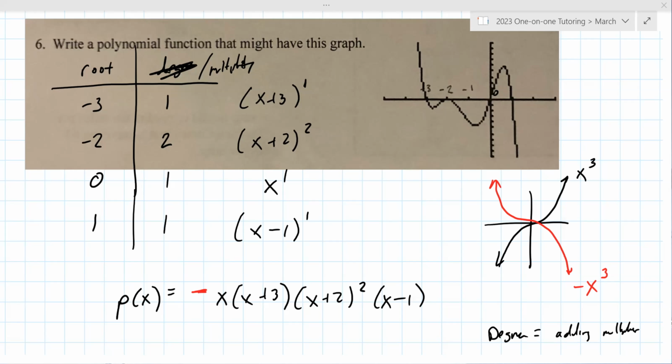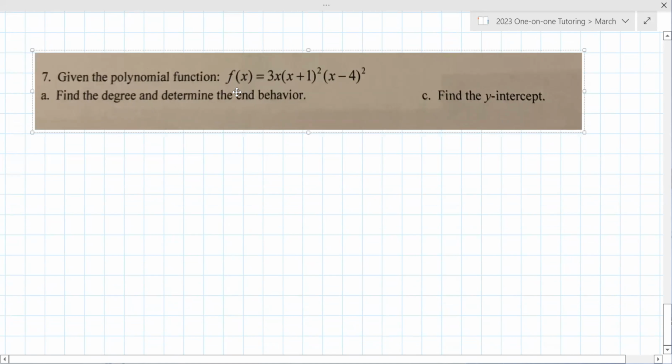All right, so 7 is like a going backwards problem. So let me snip that in. All right, so the degree comes from adding up the multiplicities.